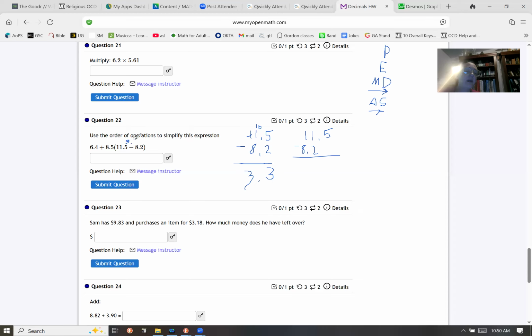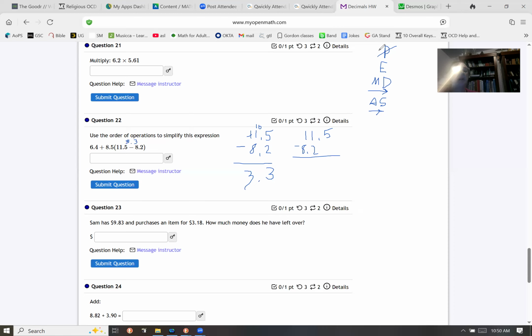So according to our order of operations, we've done the parentheses piece. Are there any exponents that we have to deal with? Are there any exponents in this expression that we have to take care of from the order of operations?